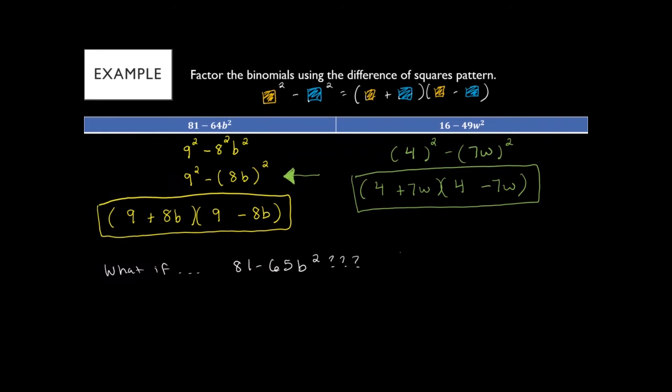Or what if it was like 70 minus 64b squared? Or we can even do both and do 70 minus 65b squared. So what if I just change the numbers slightly?